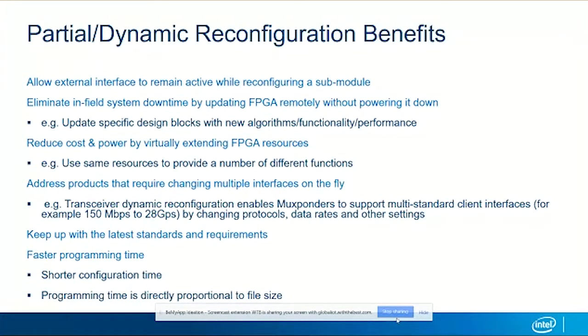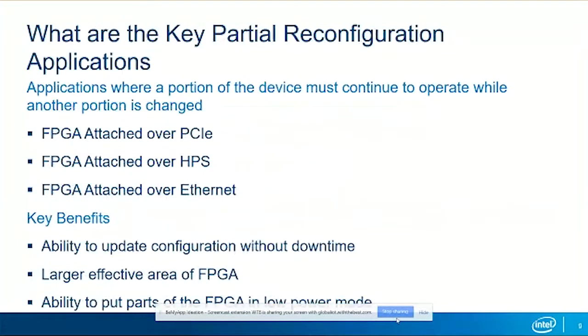And it also gives you faster programming time in that doing a partial configuration gives you a shorter configuration time. Now, note programming time is directly proportional to the file size, and this is also impacted by how you floor plan the design.